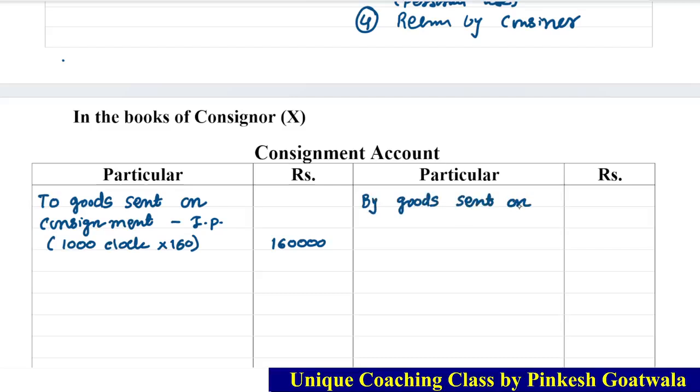Goods sent on consignment, difference. So 1000 clocks and difference 40. So 40,000.